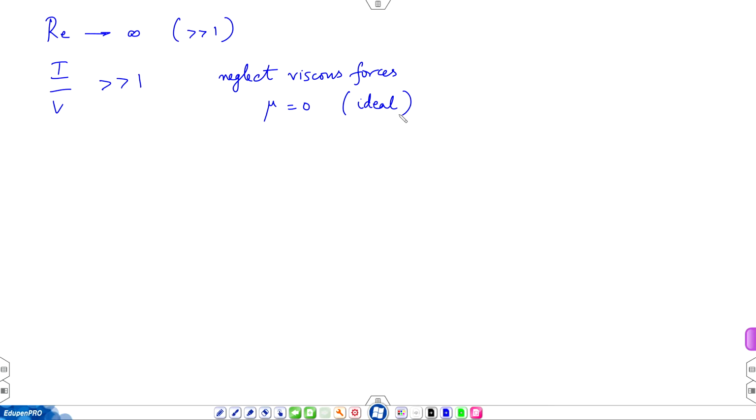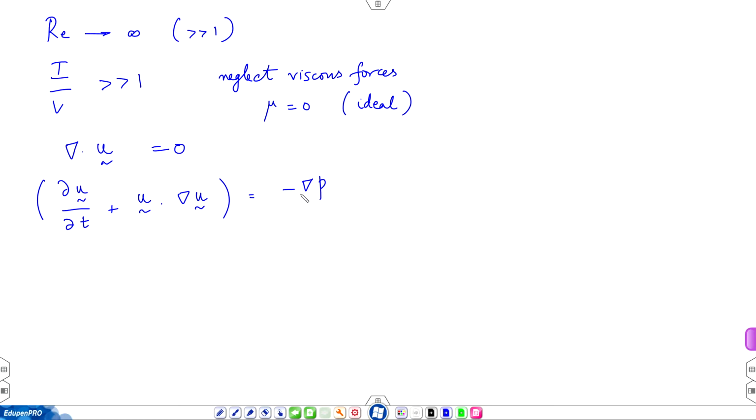So, now dropping viscous terms, the governing equations: set mu equal to 0.